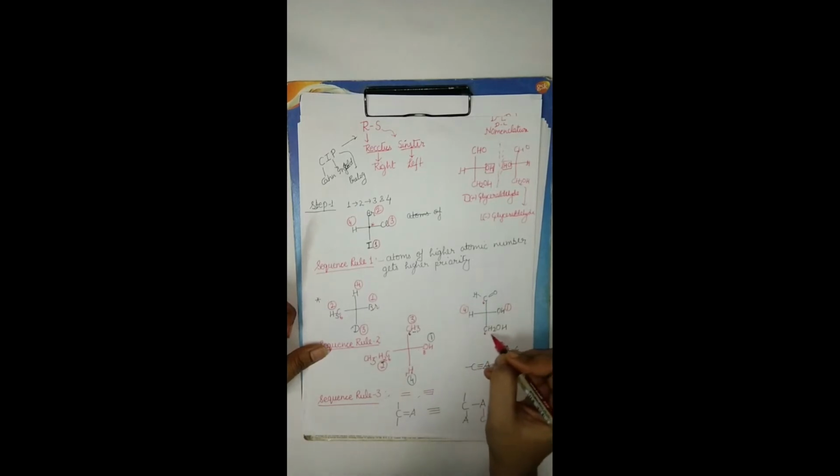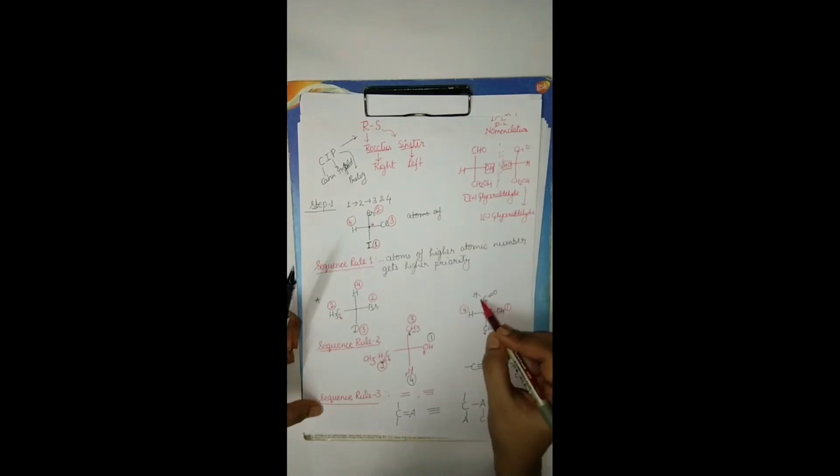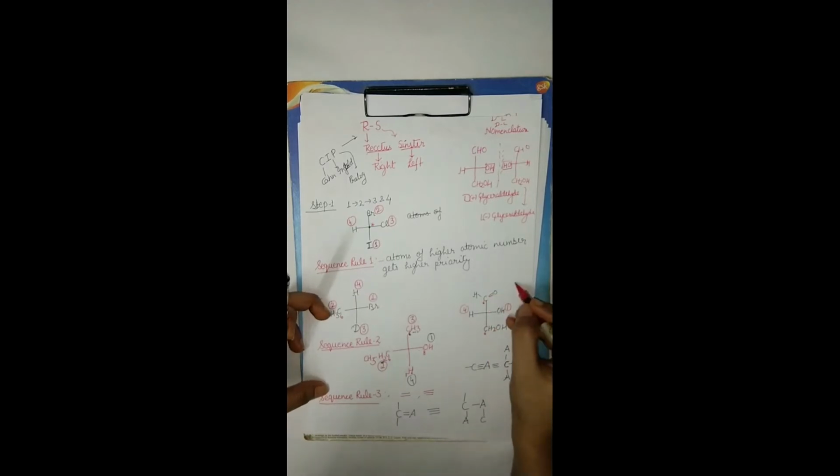Next atom is hydrogen according to sequence rule 2, and according to sequence rule 3, this C double bond O is like this one. Okay, this is duplicated. That's why it will get 2 number, and this will get 3 number.